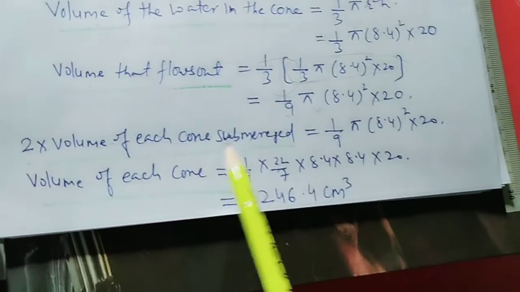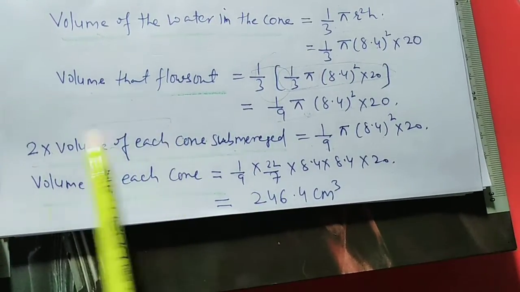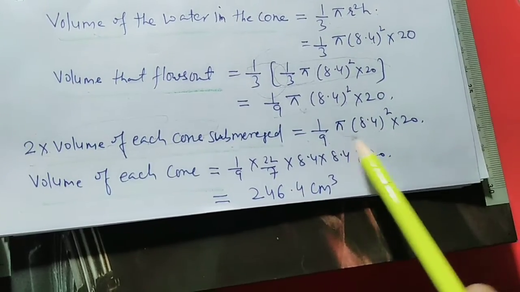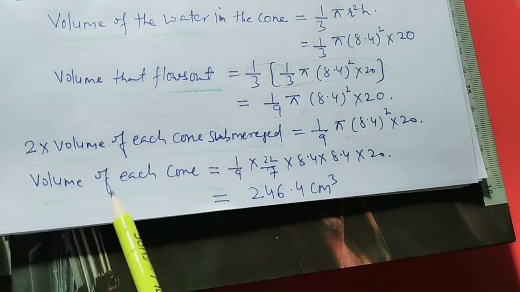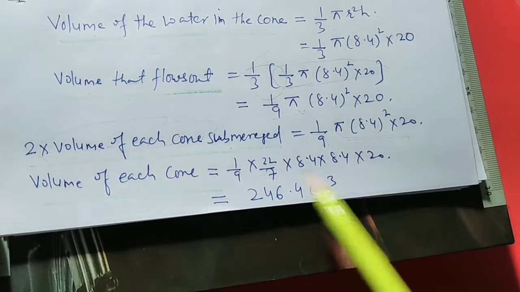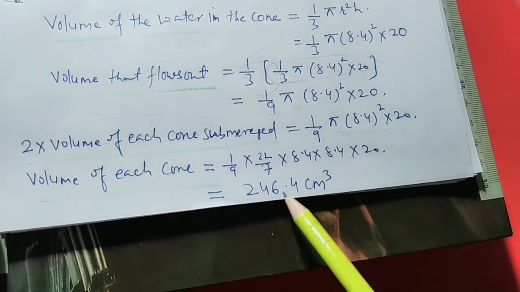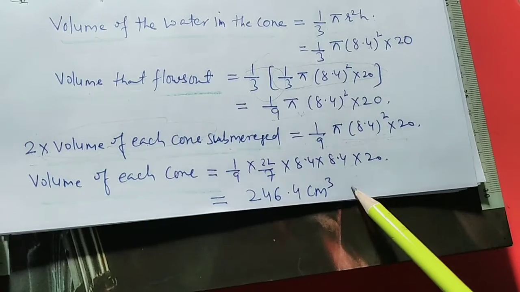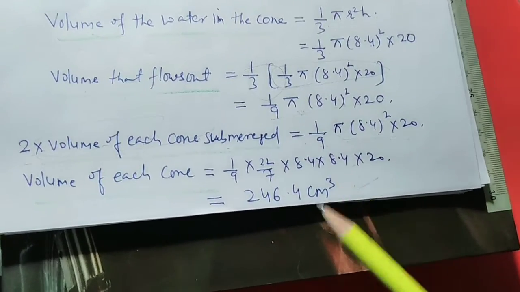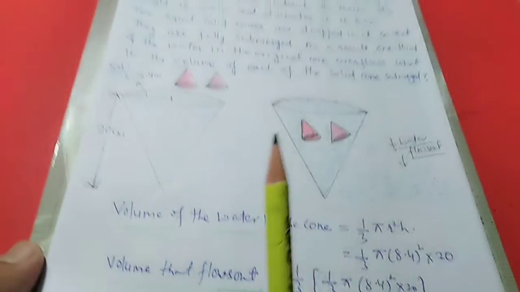So 2 into the volume of each cone, or you can say the volume of two cones, is equal to the water that flows out. So this way, by dividing by 2, I can find the volume of each cone. So after calculating, you can check, you can verify, this will be the answer. This will be the volume of one cone.